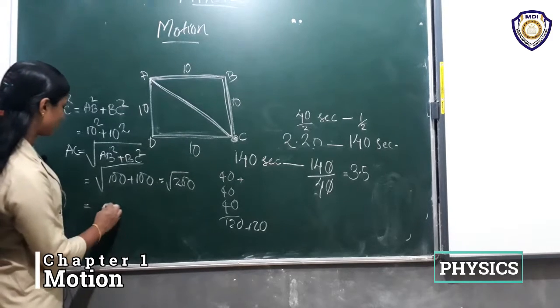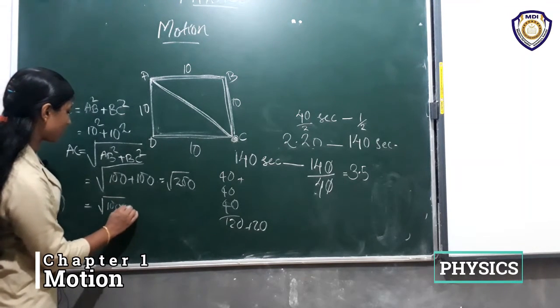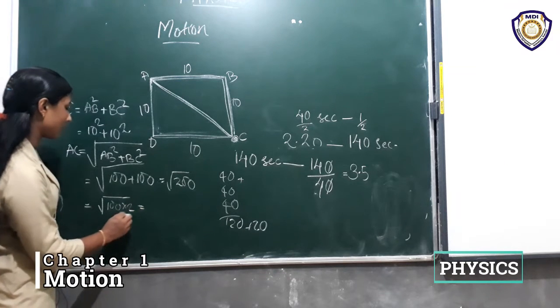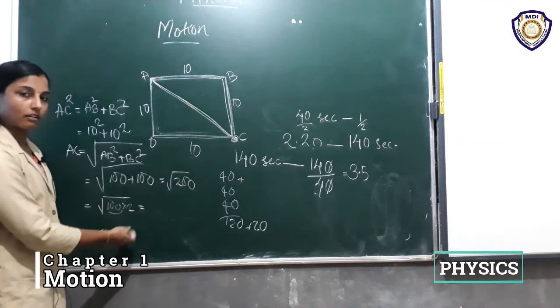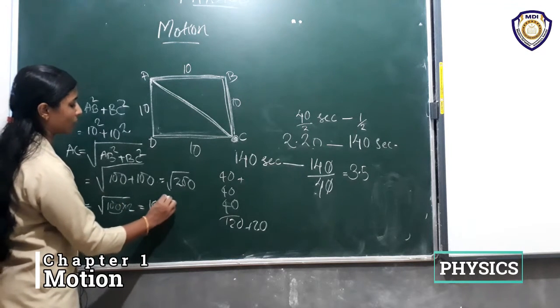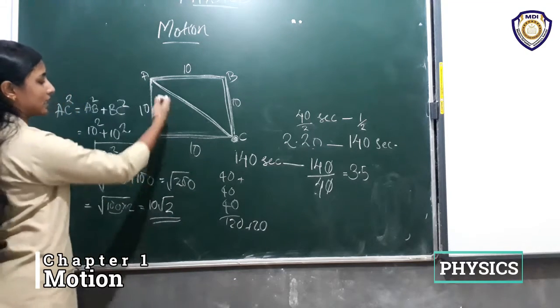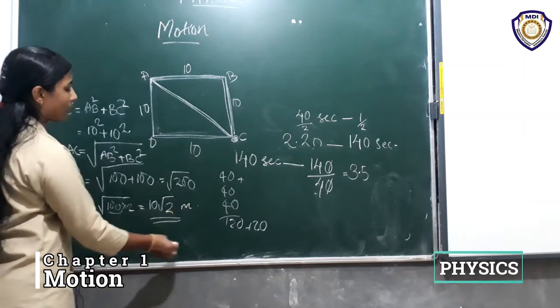Or we can write it as 100 into 2, right? So we can take this 100 outside. The root of 100 means 10 root 2, right? So this will be the displacement of the farmer.